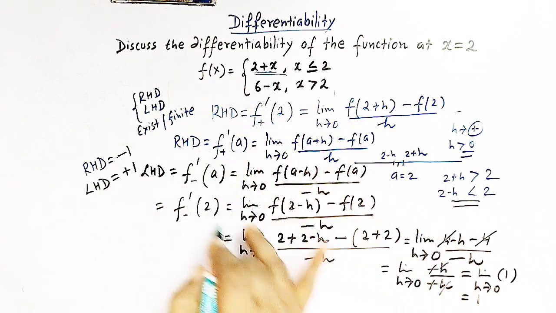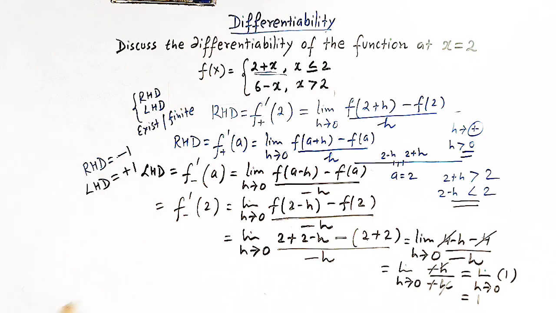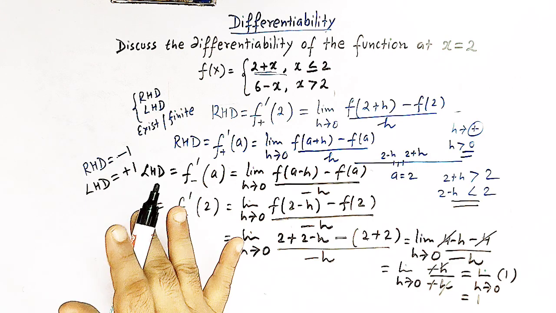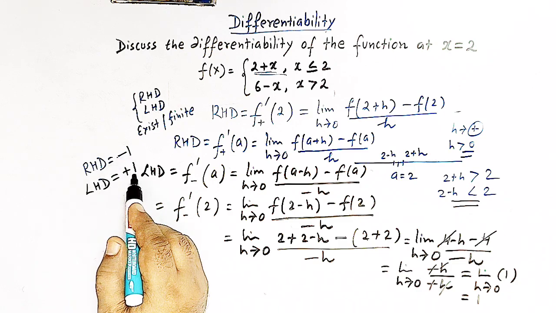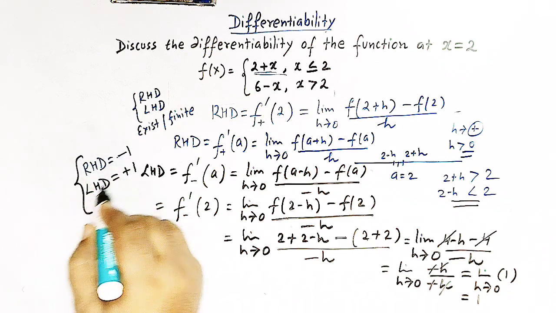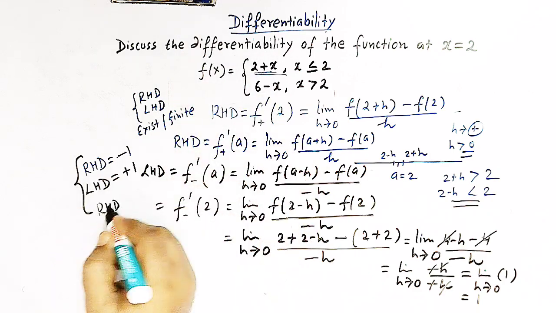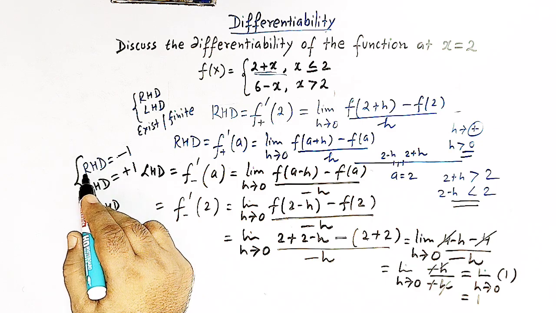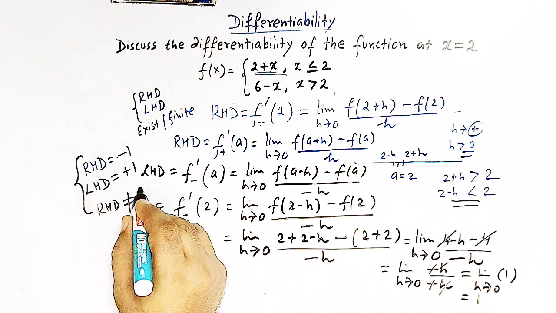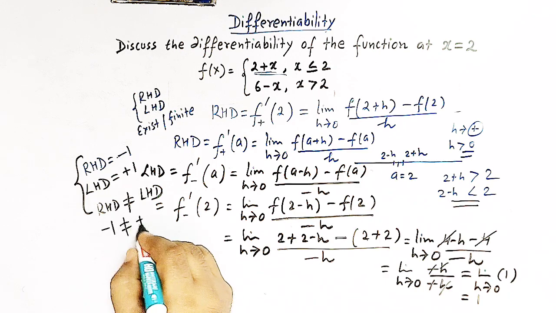Now from this discussion we have seen that the right hand derivative and left hand derivative both exist, and they are finite, because right hand derivative is minus 1, left hand derivative is plus 1. But the condition for differentiability is that right hand derivative should be equal to left hand derivative, right? But here the right hand derivative is not equal to left hand derivative, because minus 1 is not equal to plus 1.